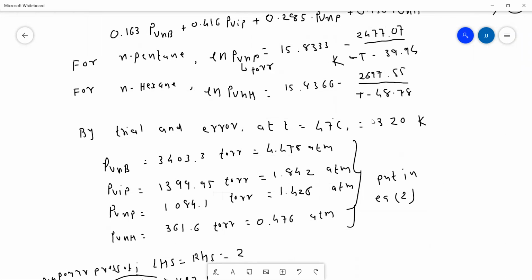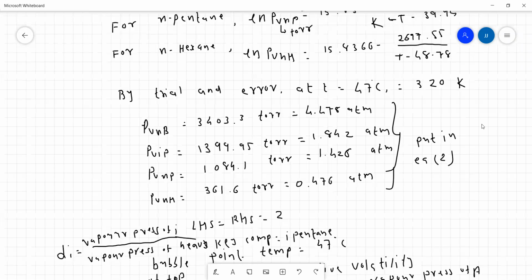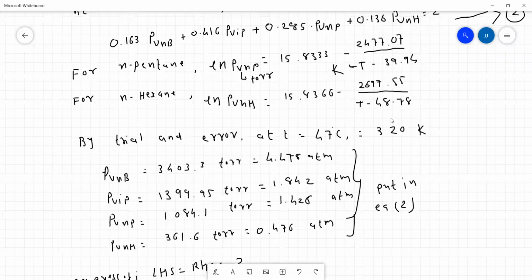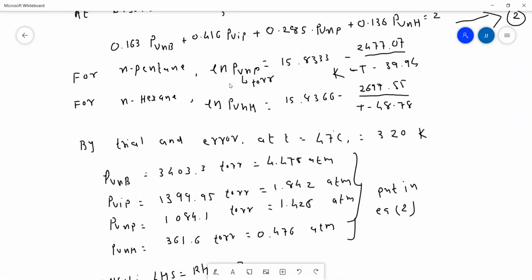No, sorry, not 47, because this is at the top. At the top the temperature is 22 degrees centigrade, so convert this 22 into Kelvin. I think it is equal to 295 Kelvin. So substitute 295 Kelvin here to determine the vapor pressure in torr and then atmosphere.